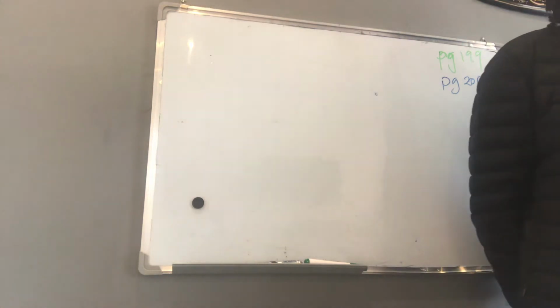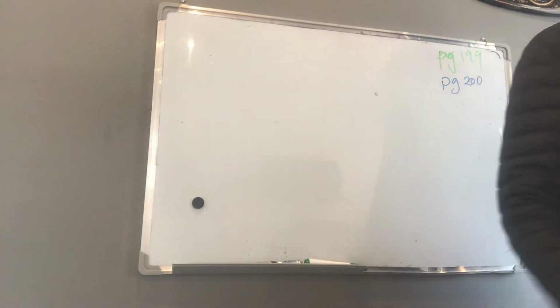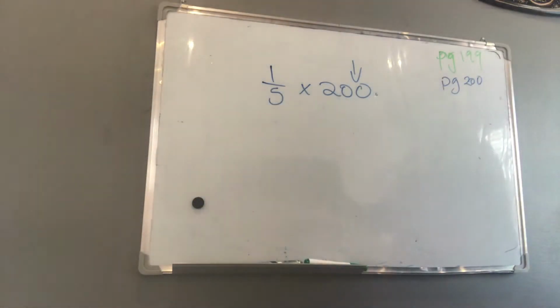Since it's 200 people being tested, the equation would just be 1/5 times 200. 200 refers to the total number of people, and 1/5 refers to the probability of the people getting black teeth.